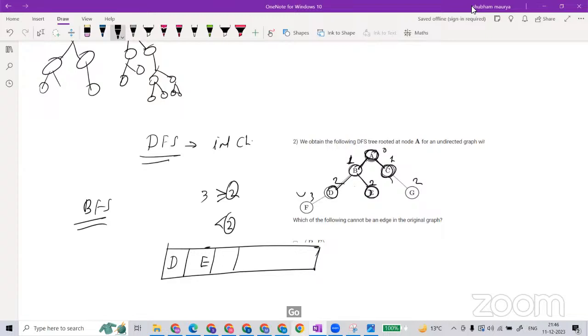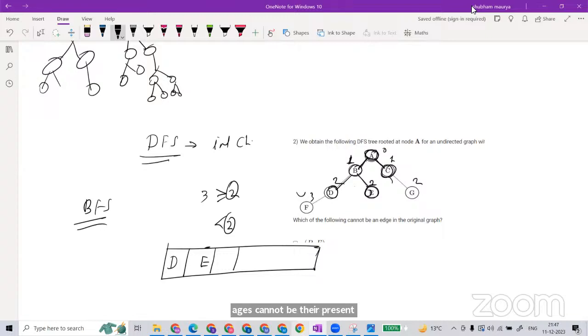Sir, in BFS, if the levels are same, we can draw the edge between them. Yes. Because of this algorithm property, if the levels are same or the level difference is one, then there is a possibility of an edge. But if the level difference is 2 or greater, then there is no edge.